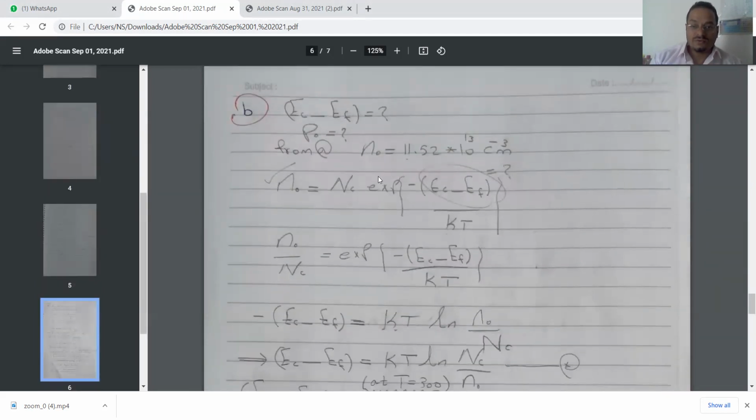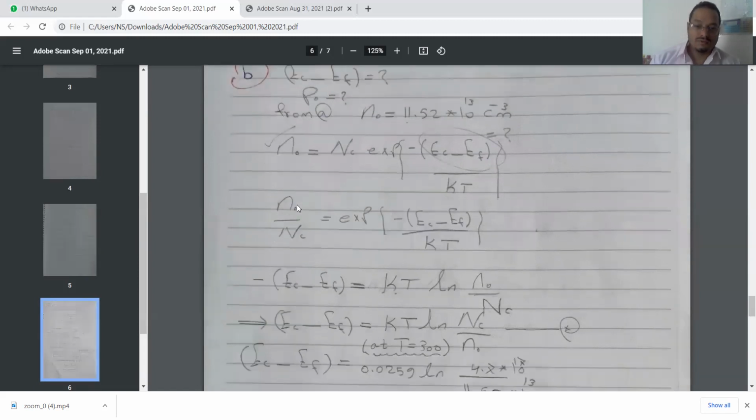Here N naught equals 11.52 exponential 13. To find P naught, we must first find the concentration of electrons at the conduction band, so we can use the mass law to calculate P naught.